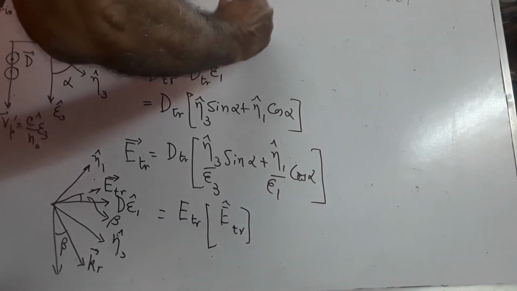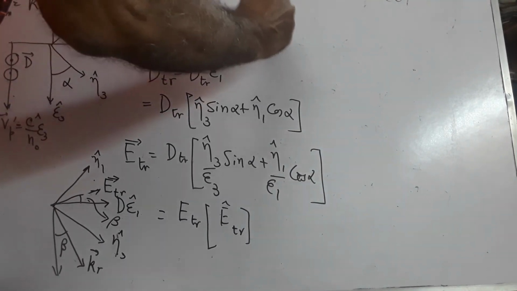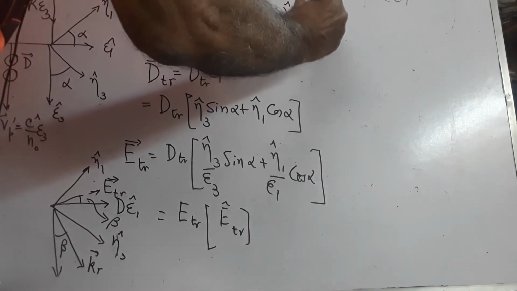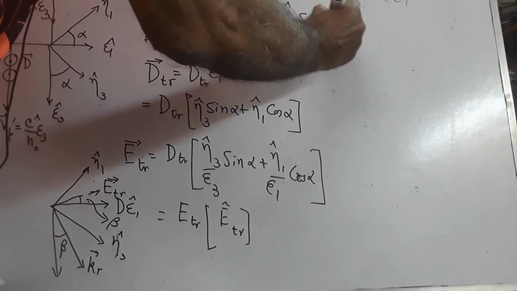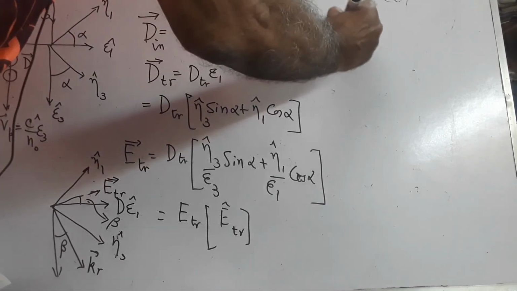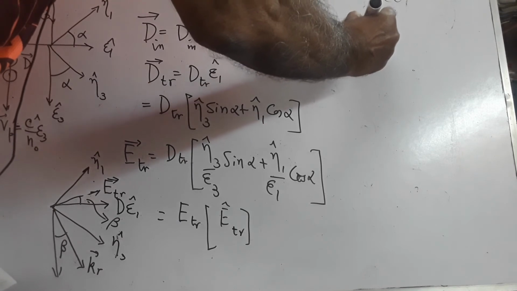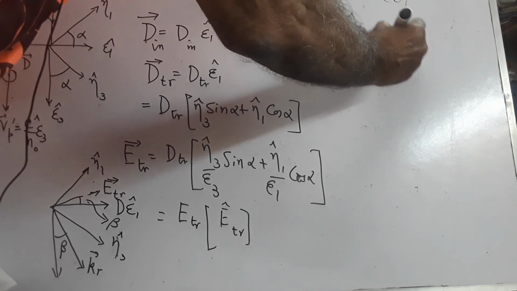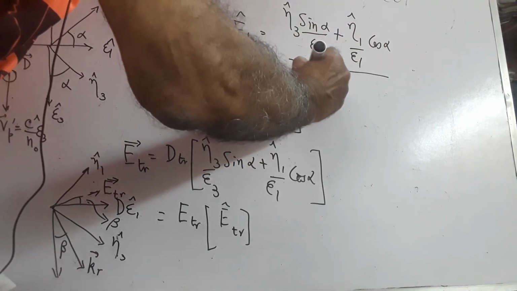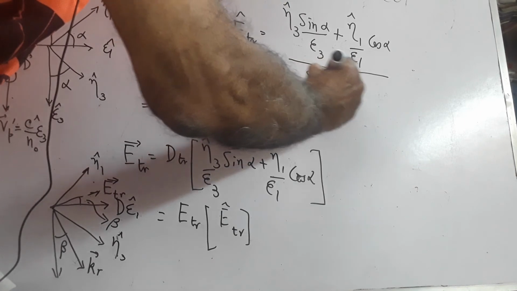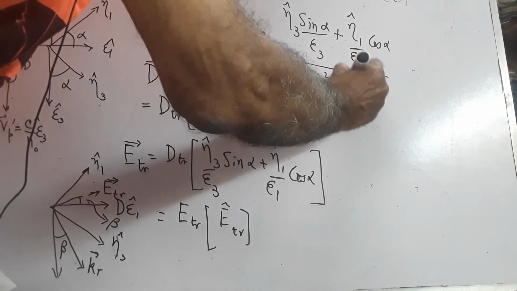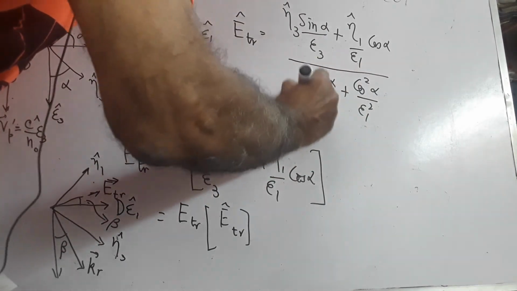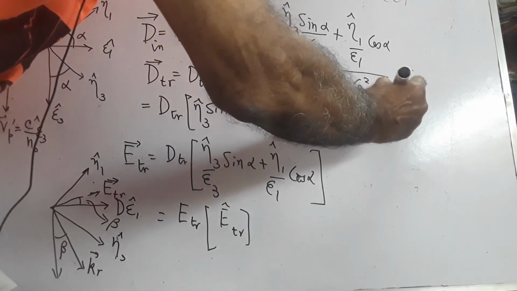E transpose cap is nothing but eta 3 sine alpha by epsilon 3 plus eta 1 by epsilon 1 cos alpha, and I have to normalize it, so I write sine squared alpha by epsilon 3 squared plus cos squared alpha by epsilon 1 squared to the power half.